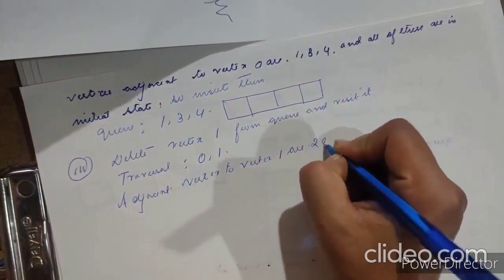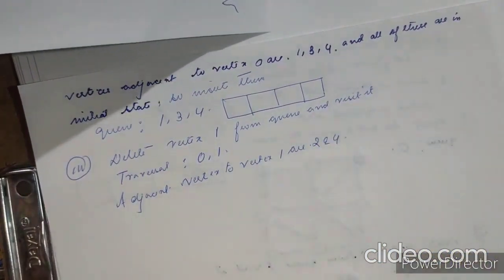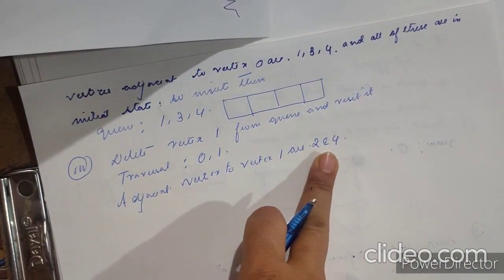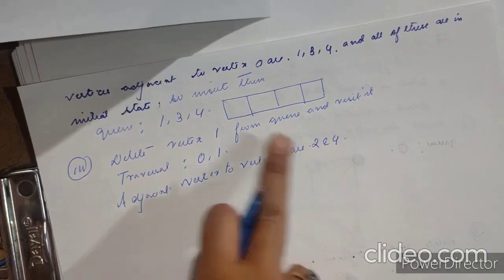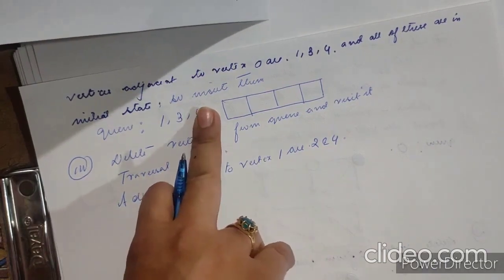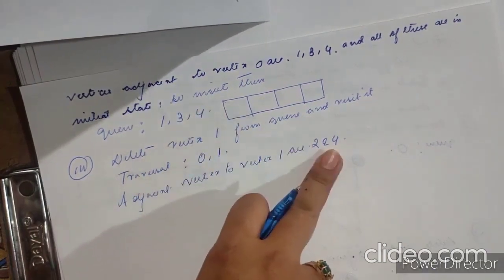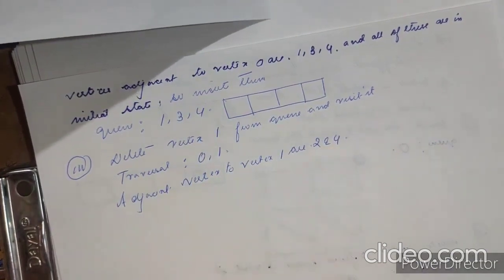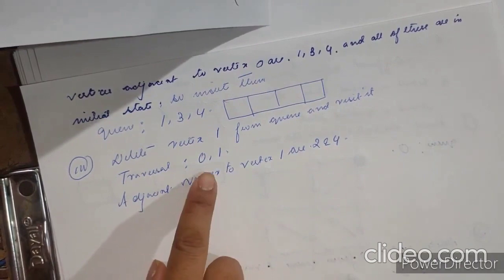Vertex 4 is in the waiting state because it is already in the queue.